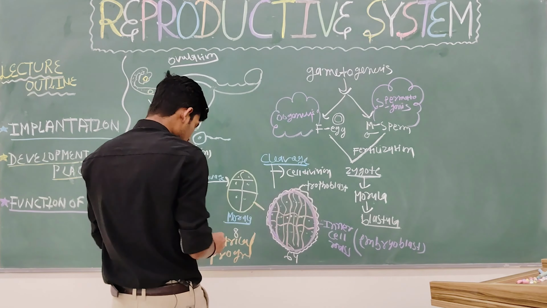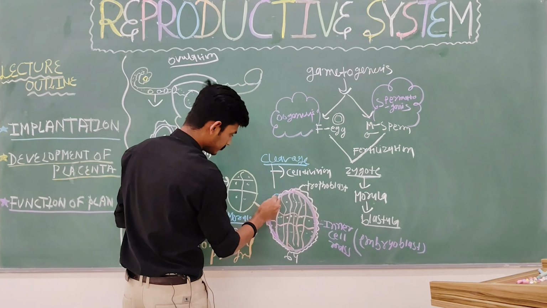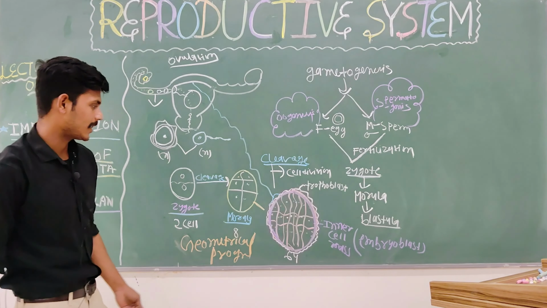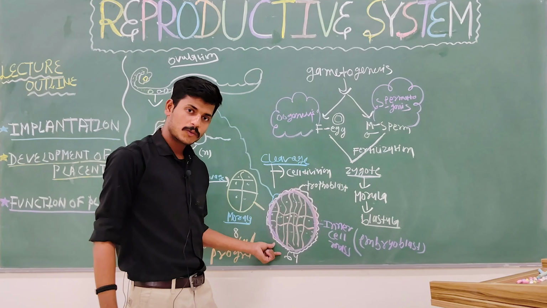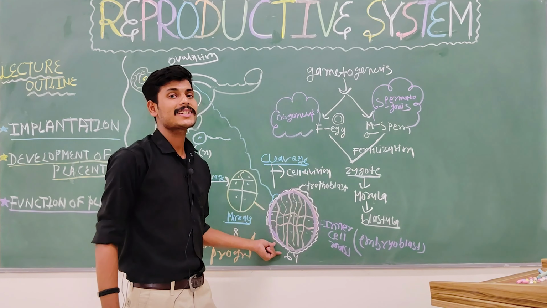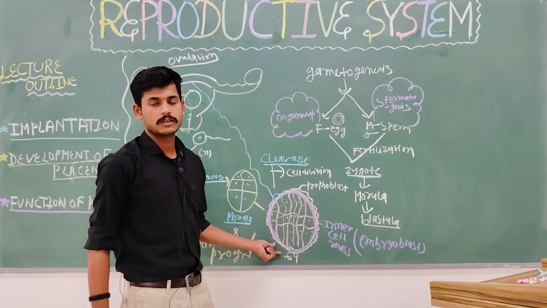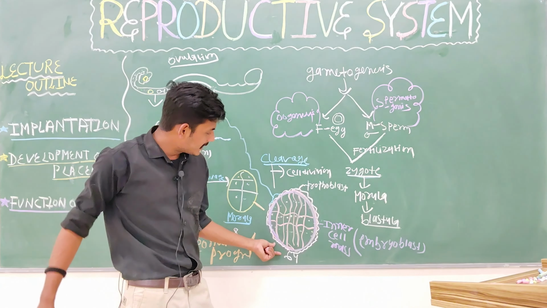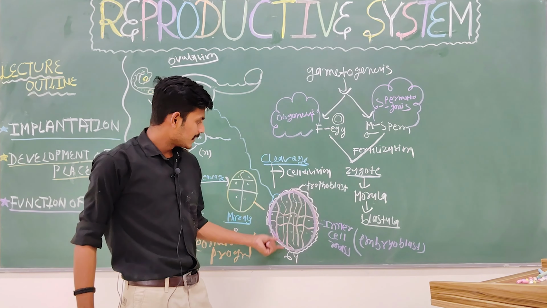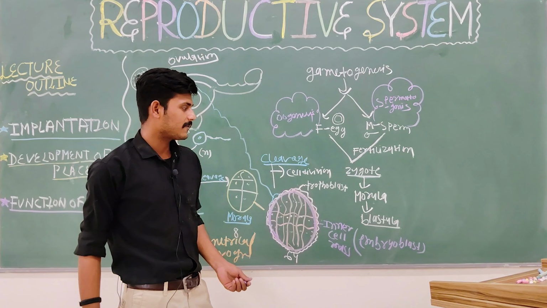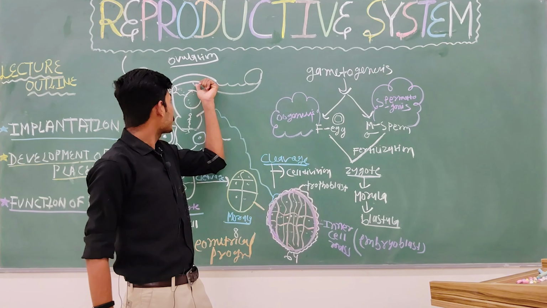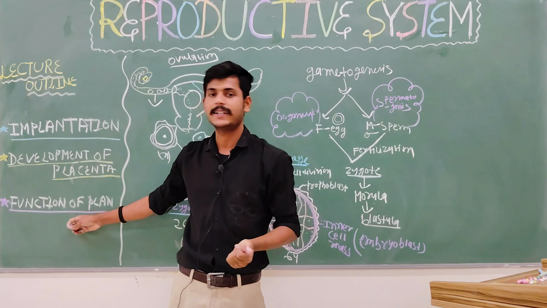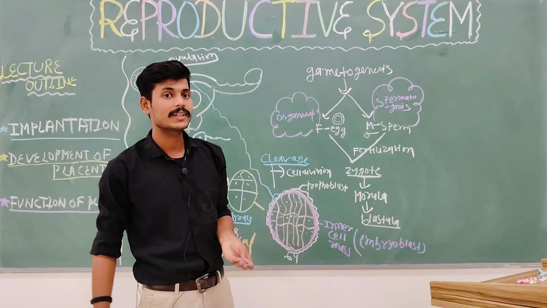It is the structure that is going to implant here, the layer that is going to make a harmonious relationship with the endometrium lining of the uterus. Later in this lecture you will see that this 64-cell structure, the blastula, makes a strong relationship with the endometrium through the formation of the placenta. And the process is called implantation.